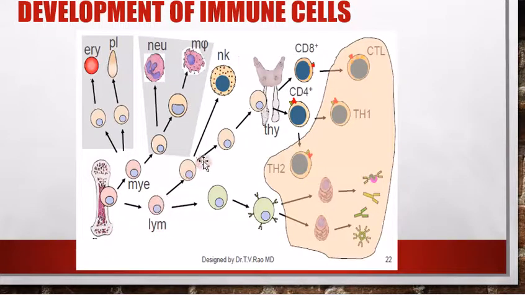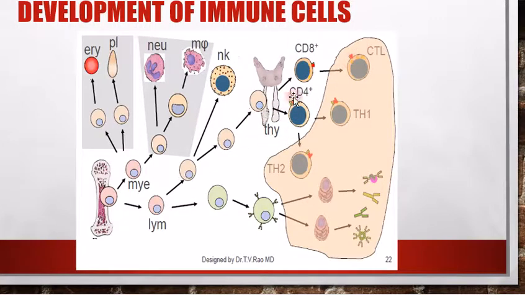Likewise, the lymphoid lineage forms the natural killer cells, and other cells go directly to the thymus and differentiate into CD8 plus and CD4 plus. These two, CD8 and CD4, are formed when a particular group of cells from the blood differentiate in the thymus.